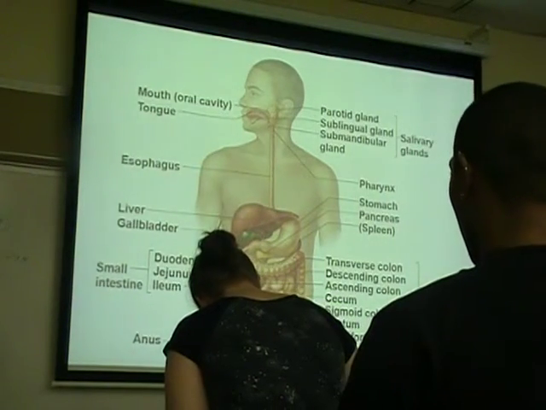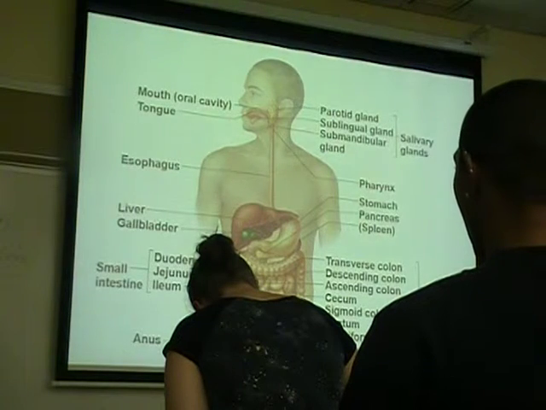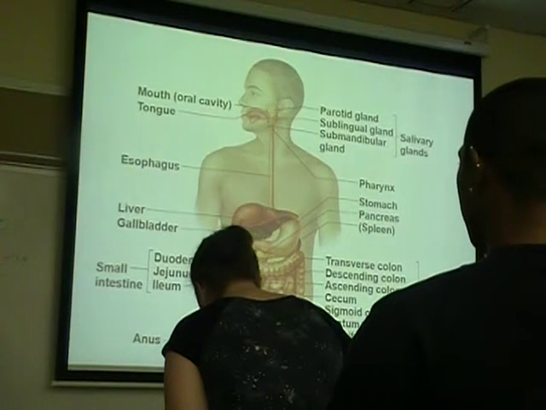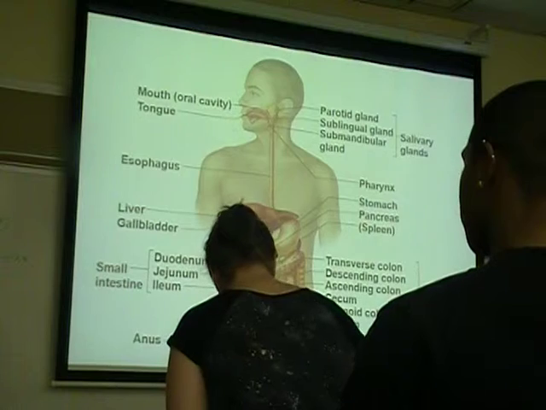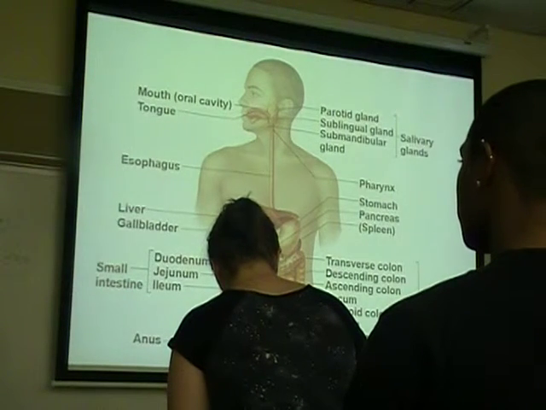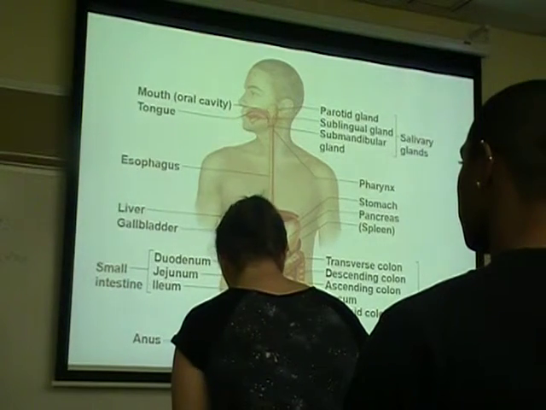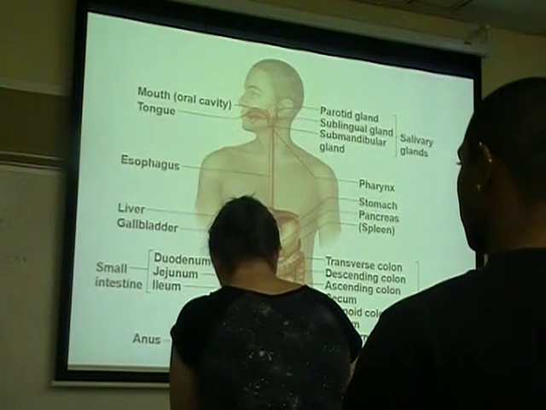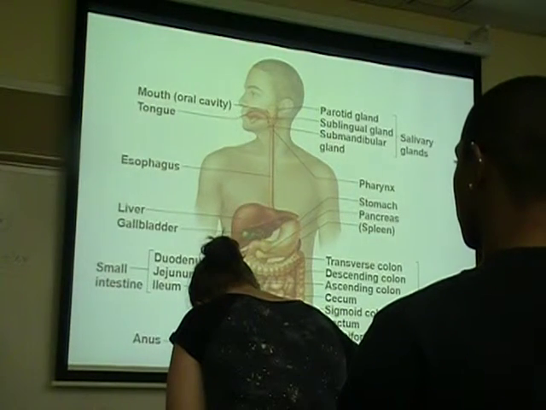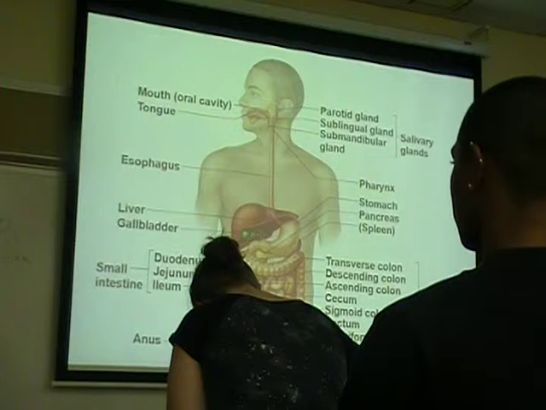That's not a range I'm going to hold you to, but keep in mind there's a range. My point is that these enzymes, at least the amylase, are pH sensitive. It only works in that pH, because if it gets down to the stomach, what's the pH of the stomach approximately? Anybody know?